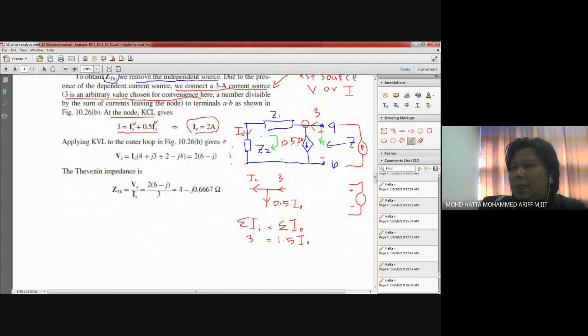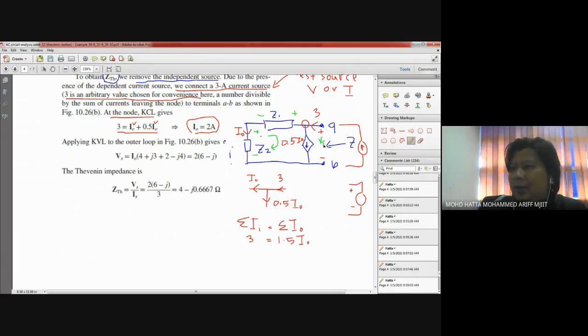If we have a current flowing through here, this should be positive, negative, and this part is positive, negative.